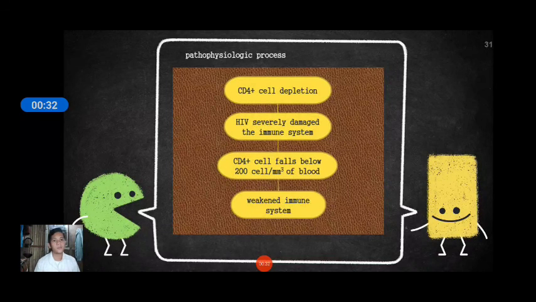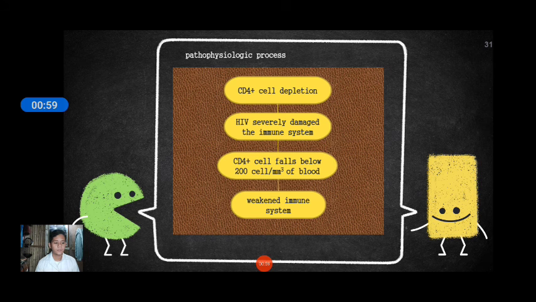So now let's talk about the pathophysiologic process. So the HIV causes severe damage to the immune system and eventually destroys it by using the DNA of CD4 plus cells to replicate. In that process, the virus eventually destroys the CD4 plus cells. So how does the virus destroy the CD4 plus cell?